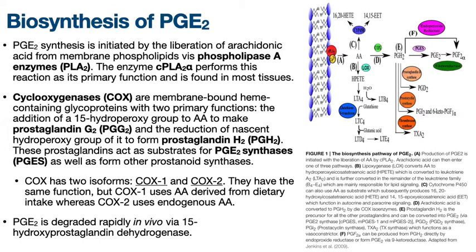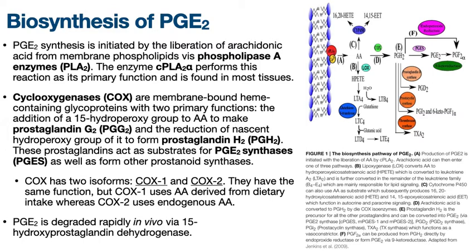An important note on this process is that our cyclooxygenases have two isoforms: isoform 1 and isoform 2. Isoform 1 has the same function as isoform 2, but isoform 1 uses arachidonic acid derived from dietary intake, whereas isoform 2 will use endogenous arachidonic acid, so stuff we already have.